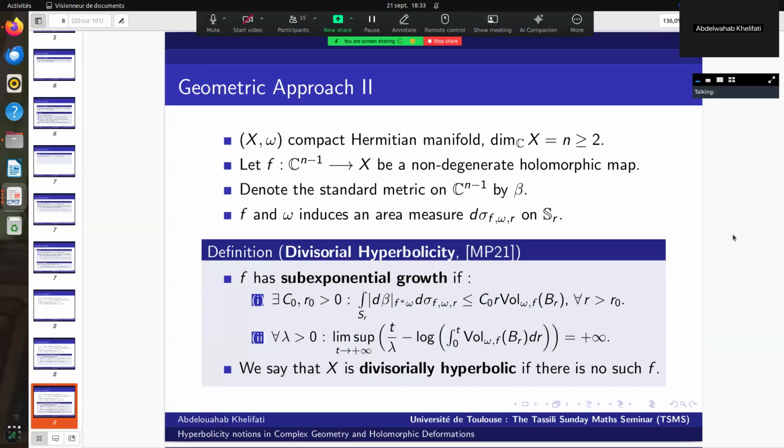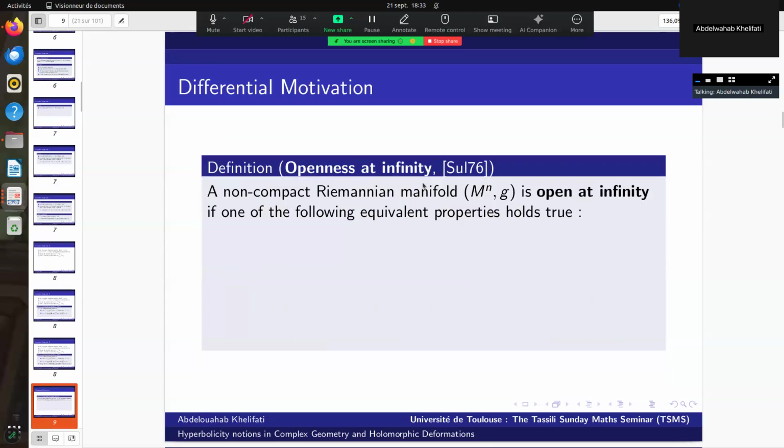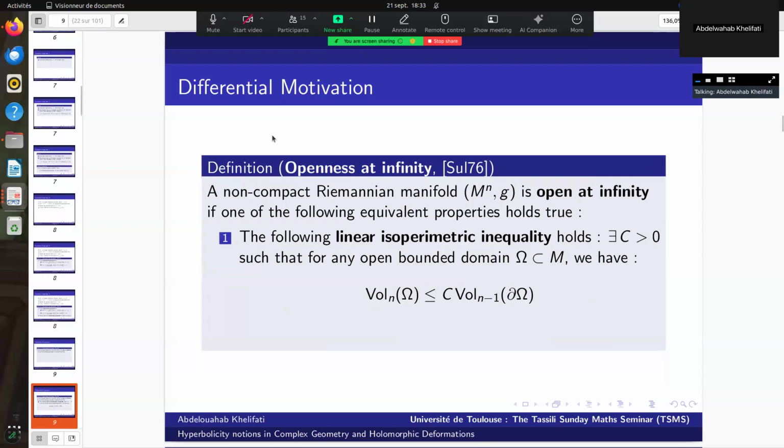On hyperbolic spaces, we can see the property of having some kind of linear isoperimetric inequality, or estimate on volume growth with respect to the area of the boundaries. This notion was defined, I guess, first by Sullivan in '76, what he calls not closed at infinity, or open at infinity.